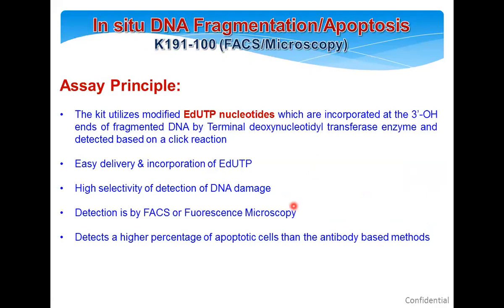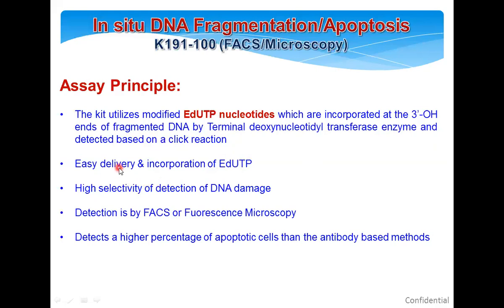What we do here is utilize the EdUTP nucleotide, which gets incorporated at the 3' hydroxyl end of fragmented DNA by TdT, the terminal deoxynucleotidyl transferase enzyme, and it is detected using that same click reaction.